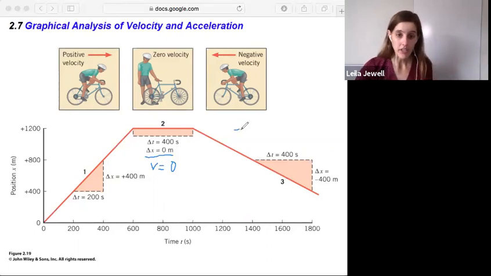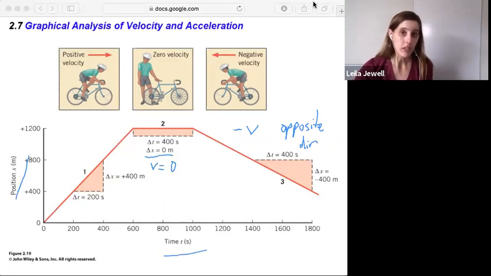So negative velocity is going to correspond to a negative slope, and thus the opposite direction. All right, so this is what happens if you have a graph, again, of position versus time.